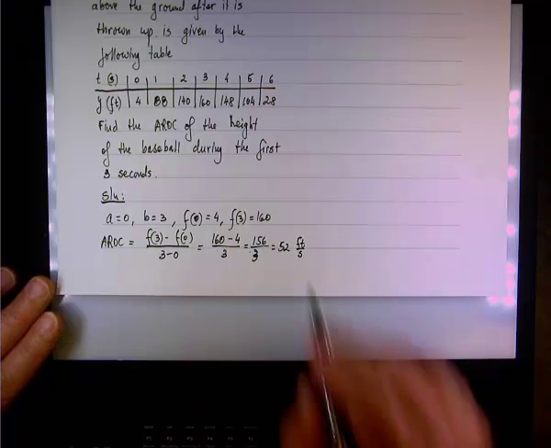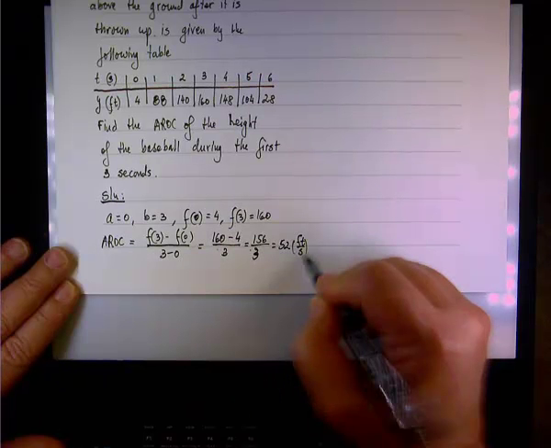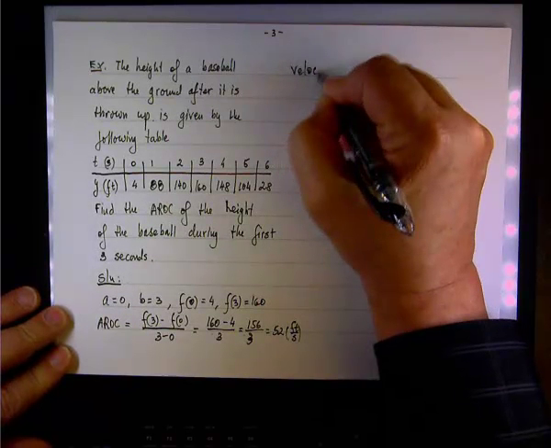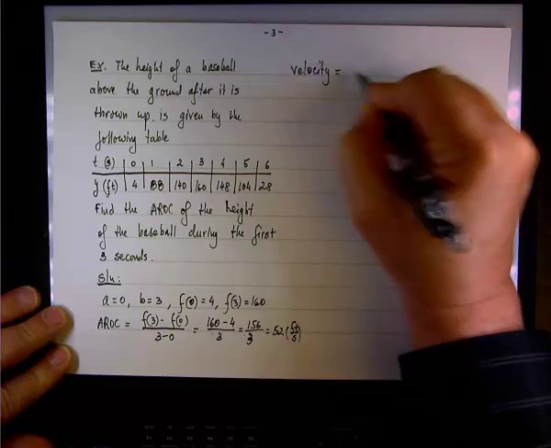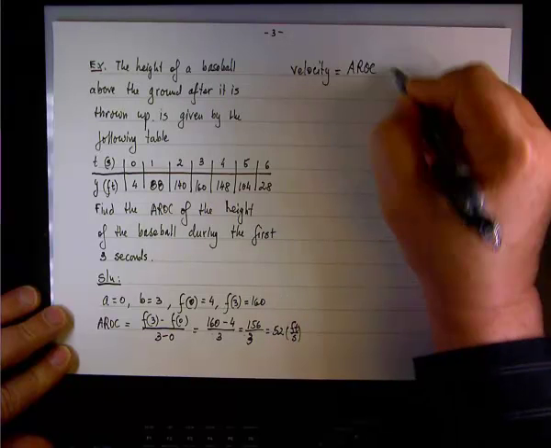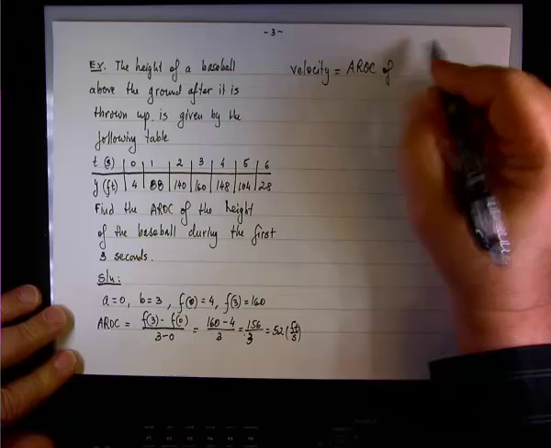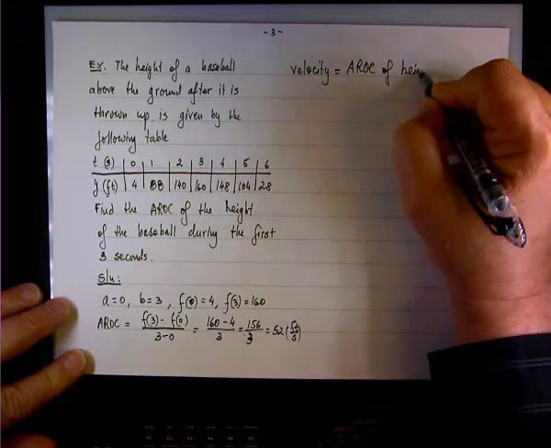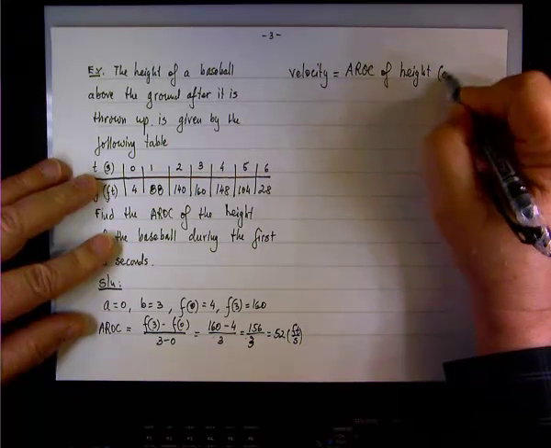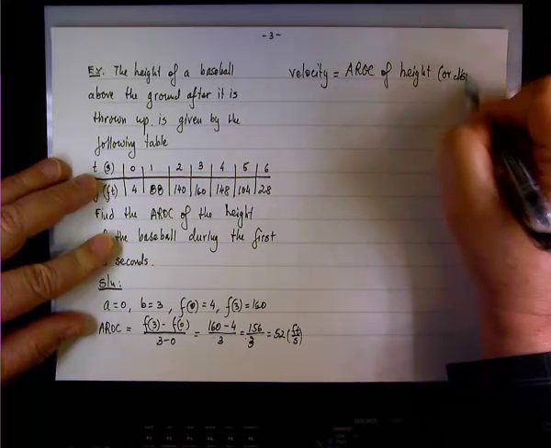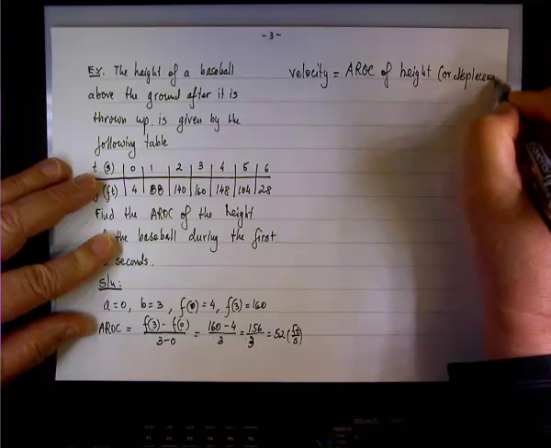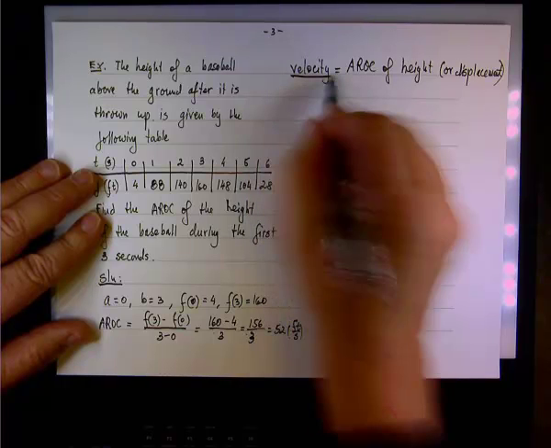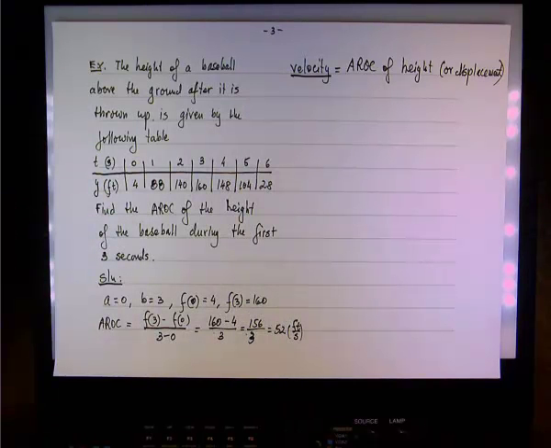Okay, and from the unit we see that, and so we can make a comment here that velocity equals the average rate of change of height or displacement. This is something that you'll see again in calculus quite a bit.